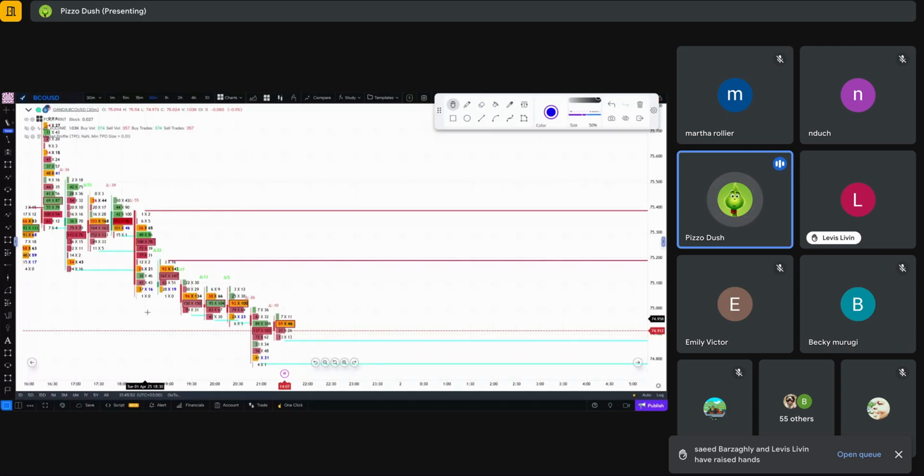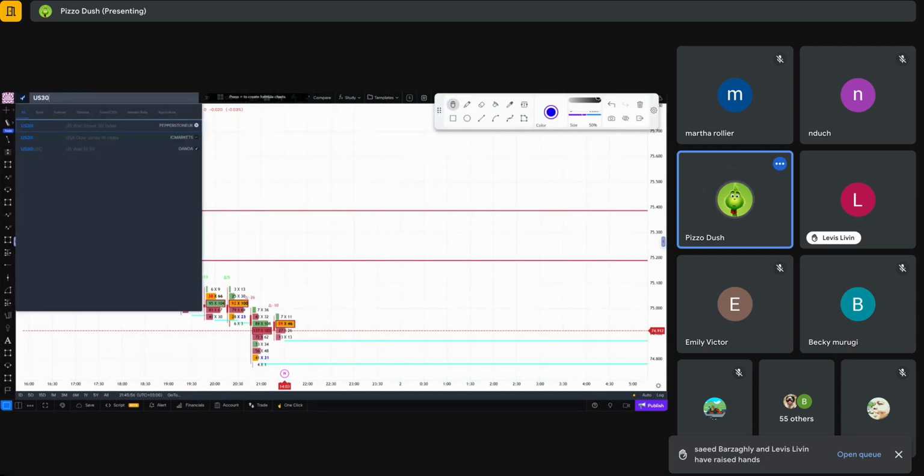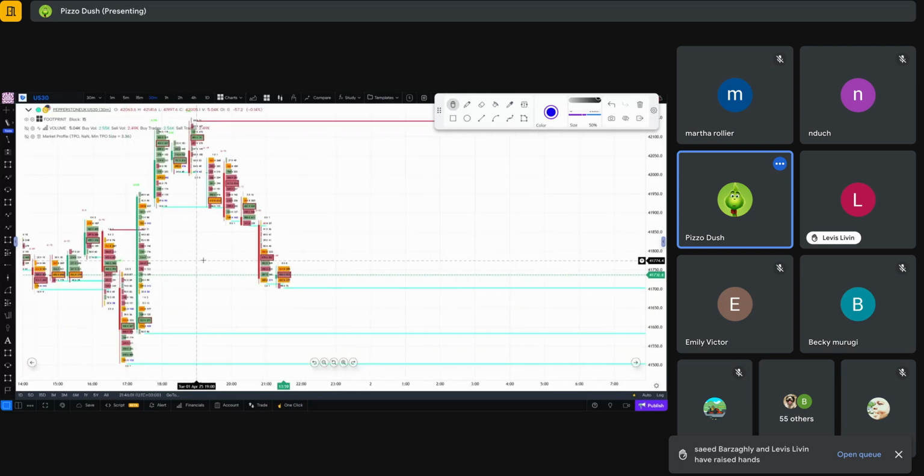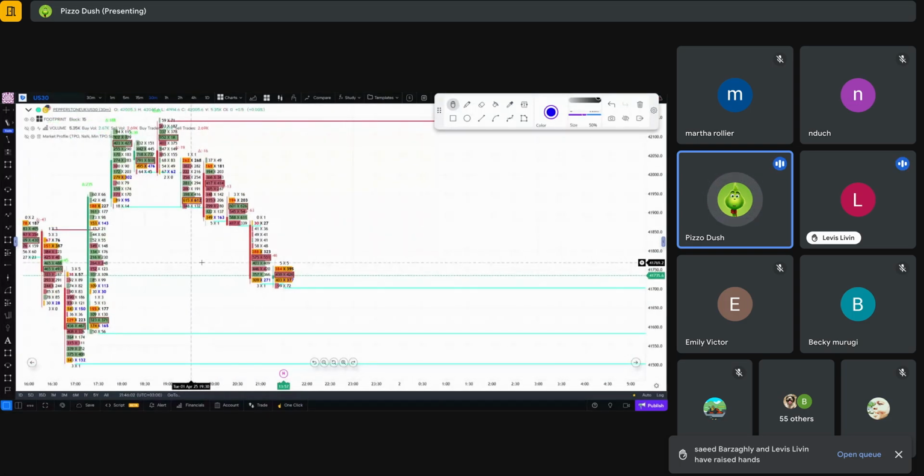For the US30, I've never traded US30 using a footprint chart. So let's see Pepperstone. Yes, Pepperstone is fine for US30. Just make sure you don't use IC Markets.